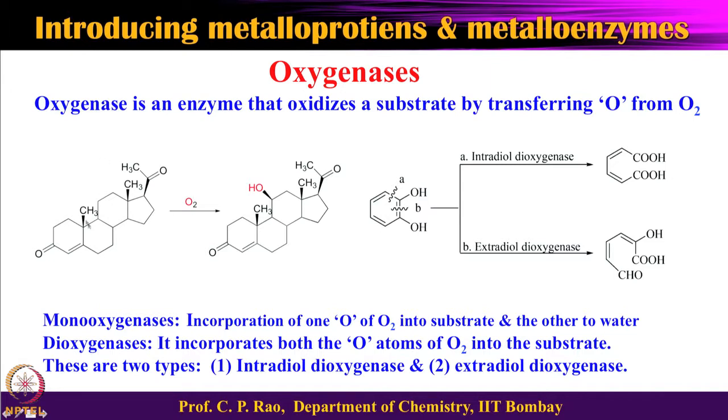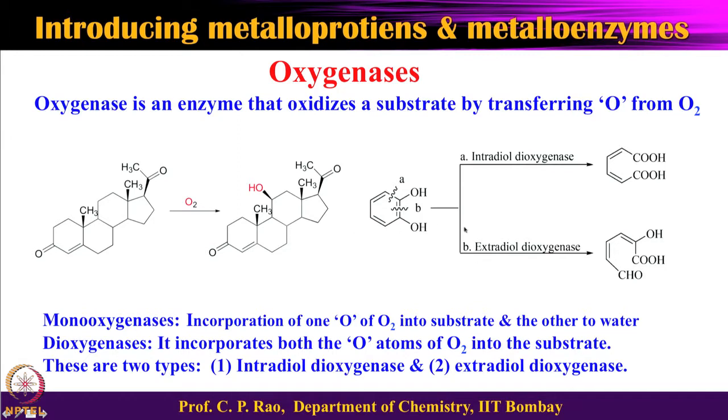Just look at an example, some kind of heterocyclic organic substrate, reacting with oxygen and giving the hydroxylation of this, and the second oxygen will go as water. In fact, one can use labeled oxygen and find the labeled water as well. So, this is called the monooxygenase because it is using only one O of the O2 to oxidize the substrate.